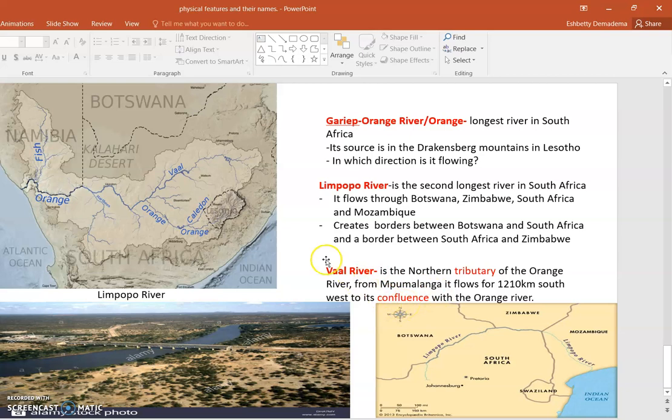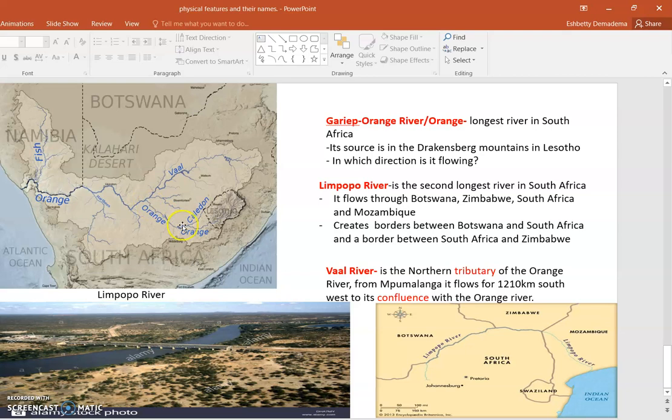All right, so you are able now to identify certain physical features on the map without me telling you what is happening. And then at that point where these two rivers meet, we are in a position to identify the direction of the Orange River.